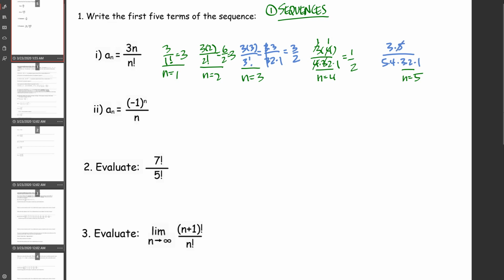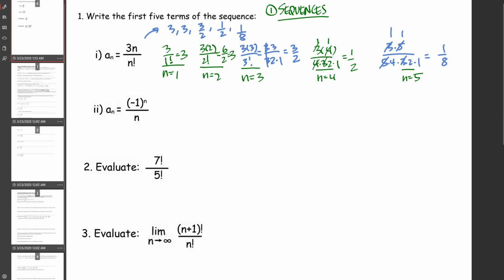So the 5's will cancel out to 1, the 3's will cancel out to 1. So what I have here is 1 eighth. So the first 5 terms of the sequence are 3, 3, 3 halves, 1 half, 1 eighth.